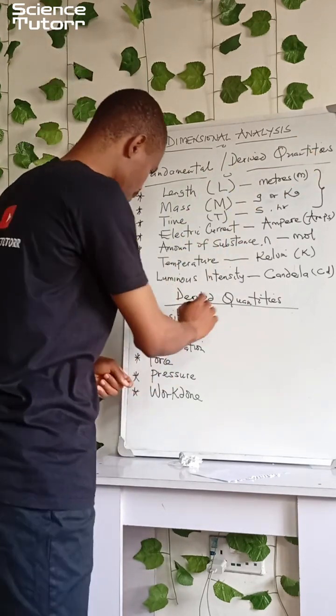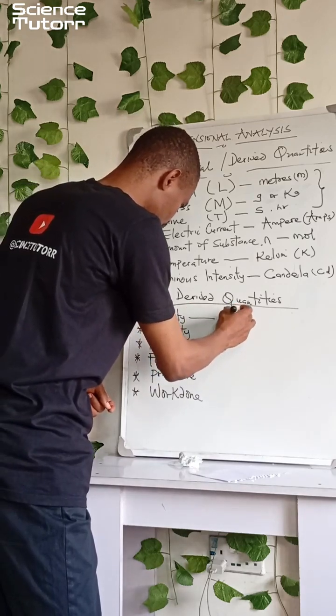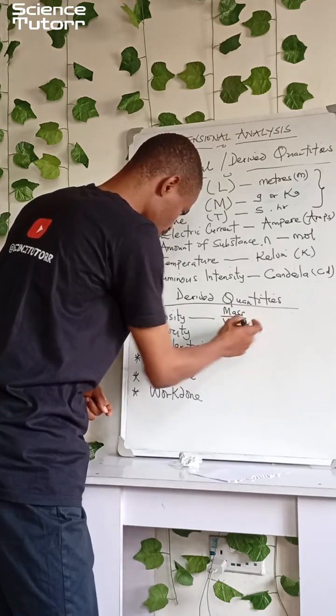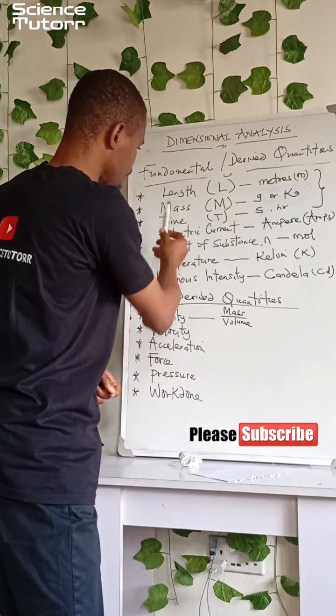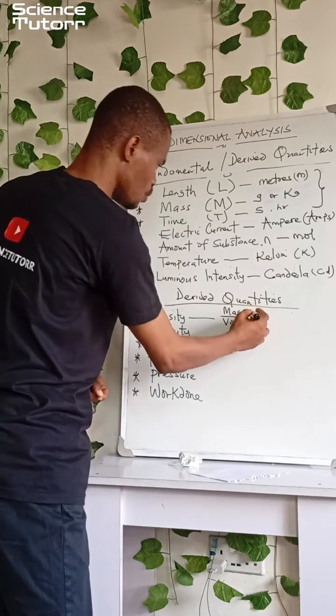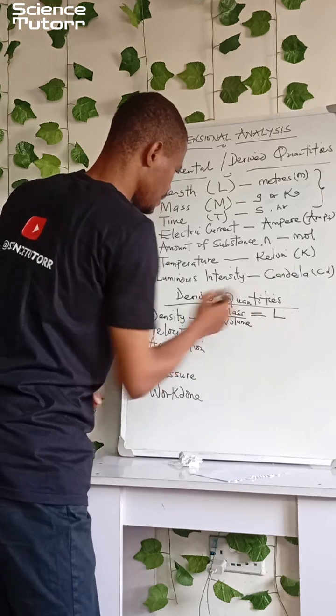Now density is simply the mass per unit volume. You can see mass is a fundamental quantity. Volume can be obtained from length.